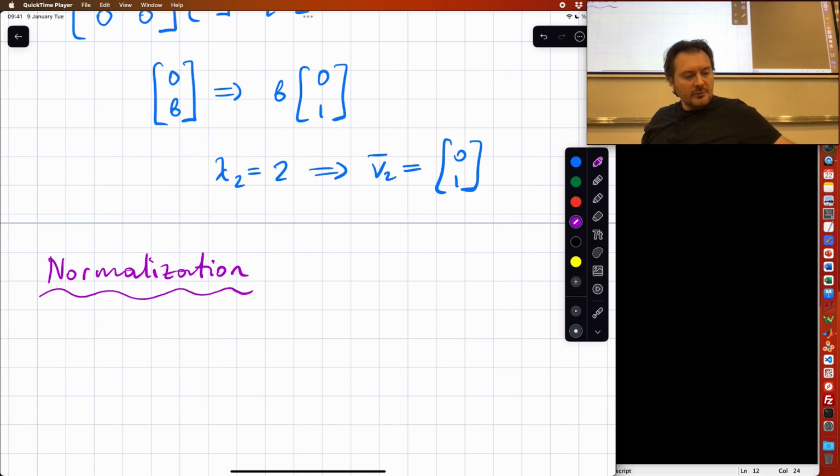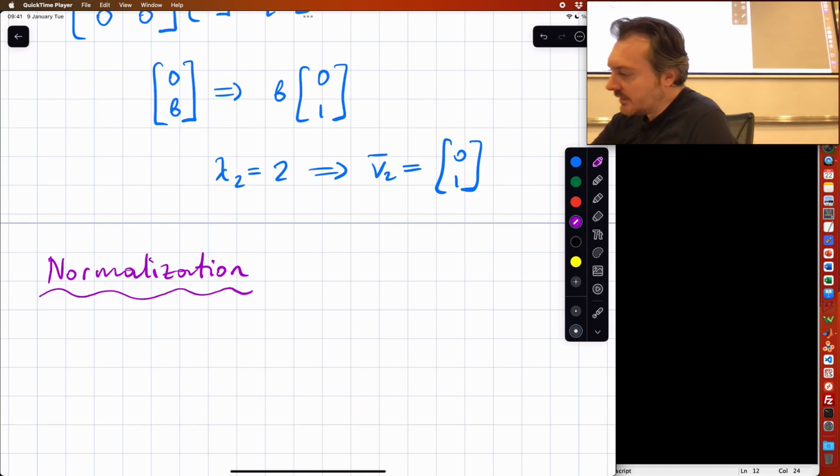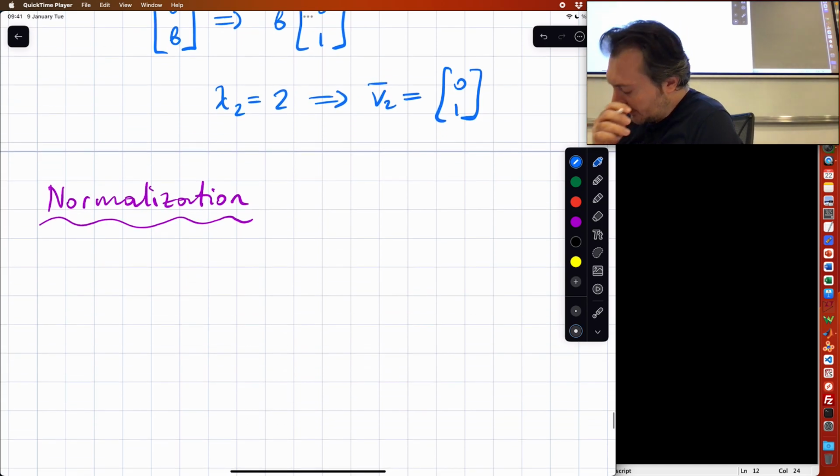Normalization is a procedure with which we normalize things. Okay? So what is normalization? Basically, let me take a vector V. Okay?